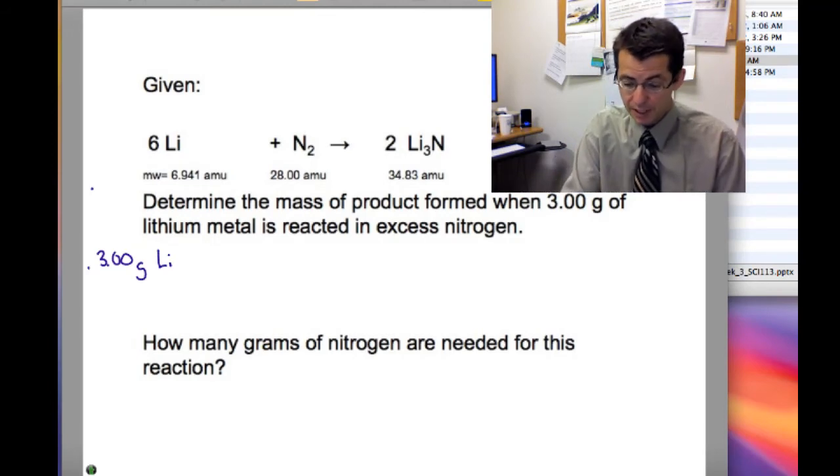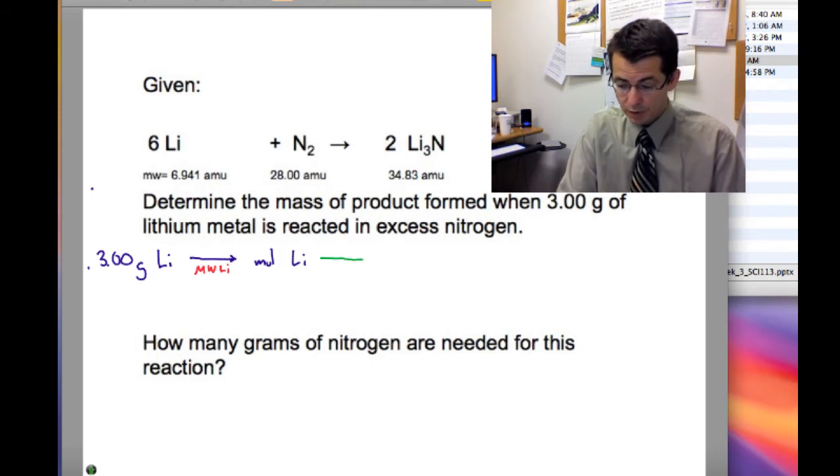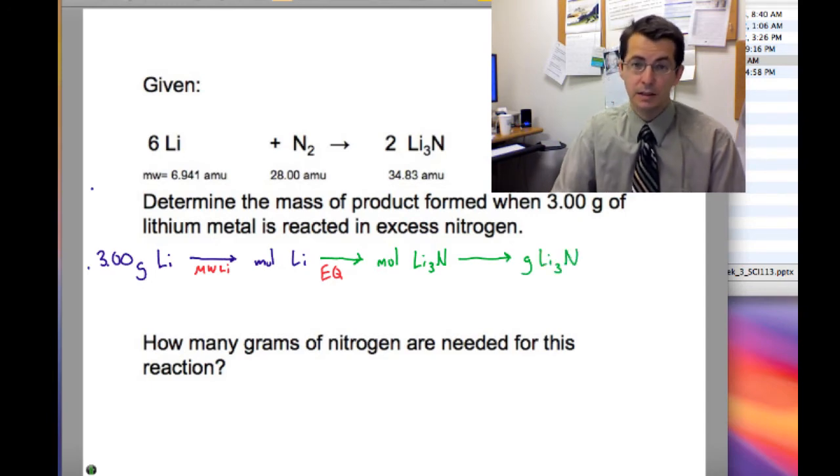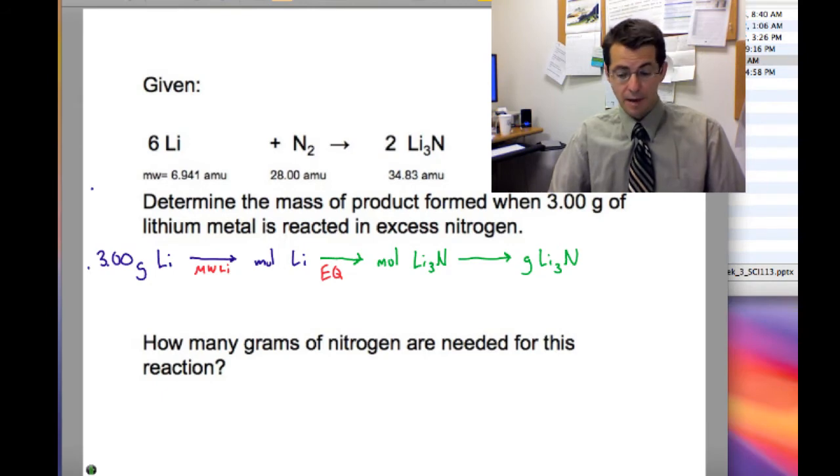Conceptually, if we were to map this out, we'd convert our grams of lithium into moles of lithium using the molecular weight of lithium, which happens to be provided, and then moles of lithium into moles of lithium nitride using the stoichiometry. And lastly, we'd convert the moles of lithium nitride into grams of lithium nitride, because that's what the question is asking us for, a mass.